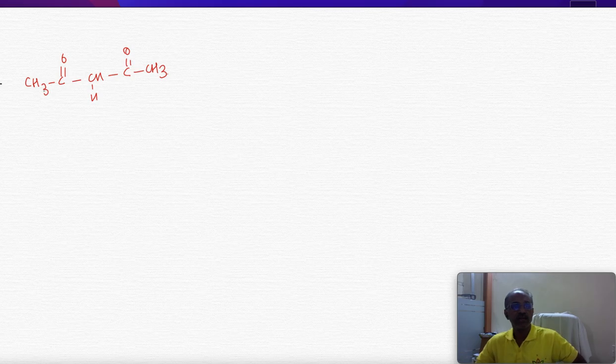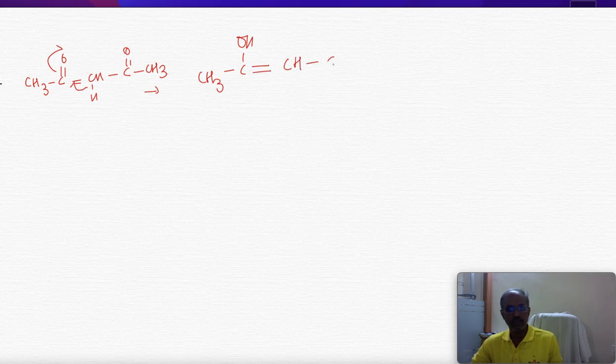So I suppose if I take this, so this will be CH3C OH double bond CH dash OCH3, right?